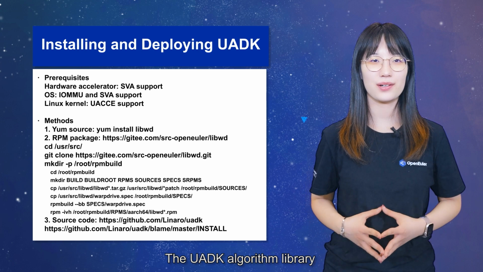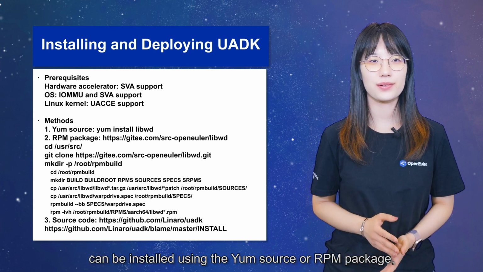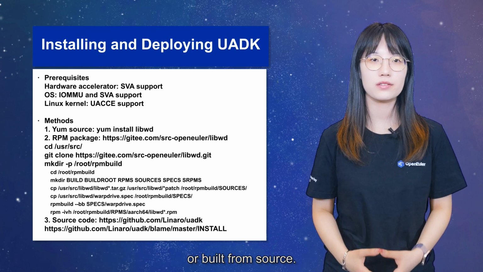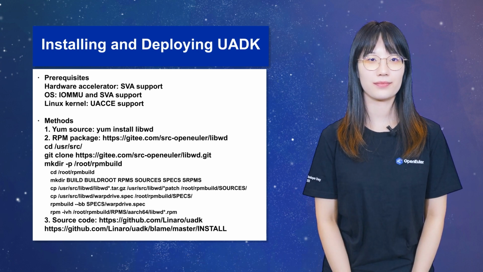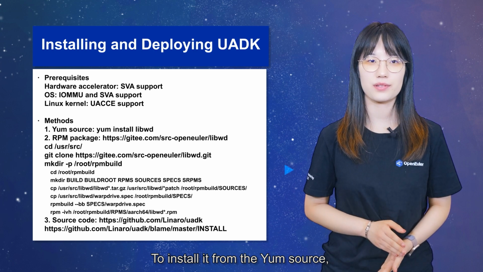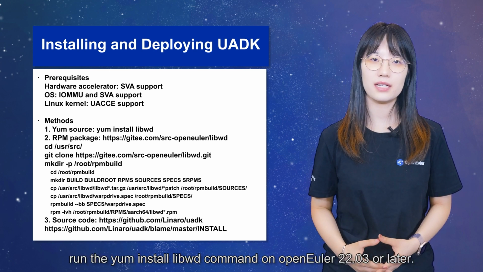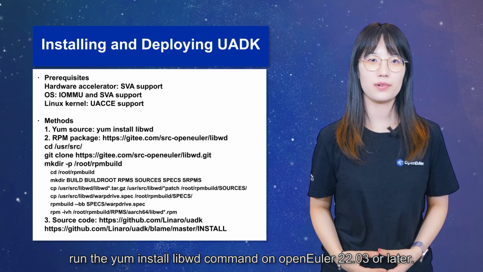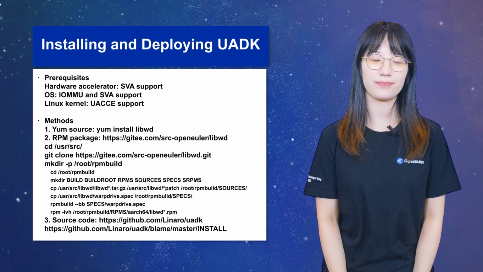The UADK algorithm library can be installed using the YARM source or RPM package, or built from source. To install it from the YARM source, run the YARM install libwd command on openEuler 22.03 or later.